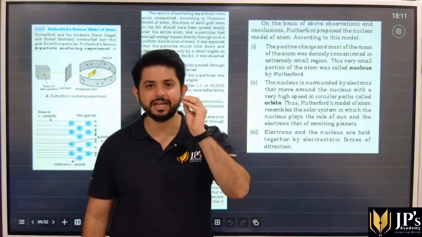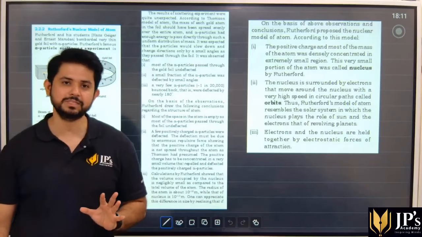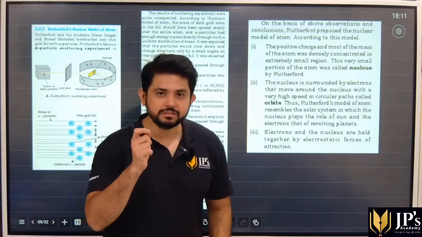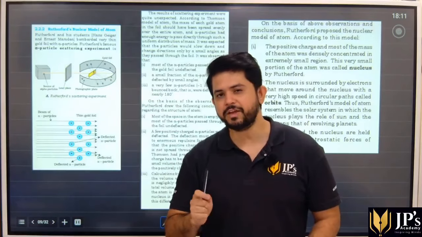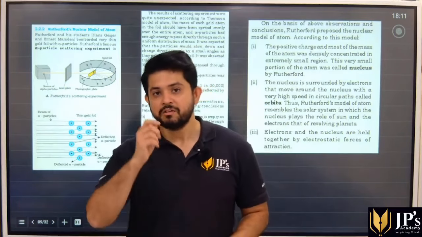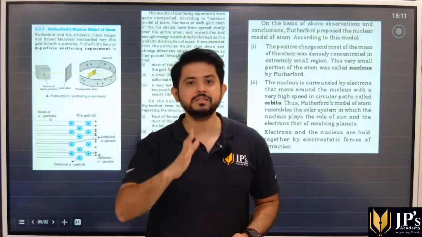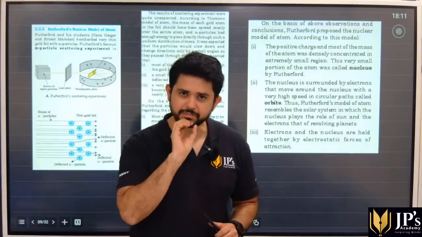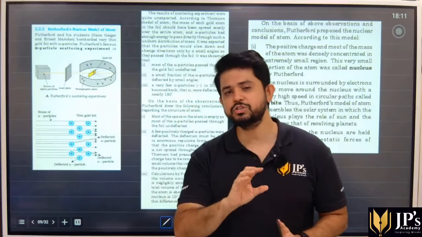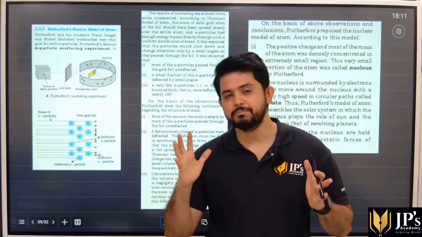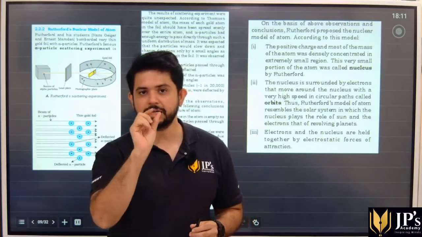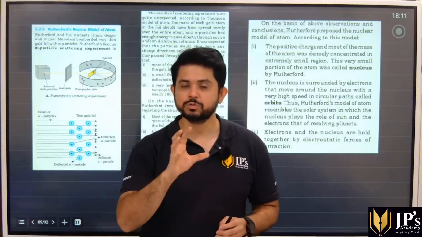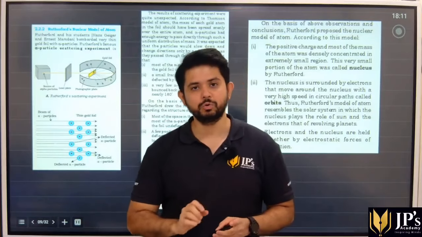You can say that 99.99% of the atom is empty. Few particles deflected through a small angle, and very few particles, students, 1 in 20,000, deflected by a greater angle. This led to the conclusion that the majority of the mass of the atom is concentrated at the center, which was later called the nucleus.